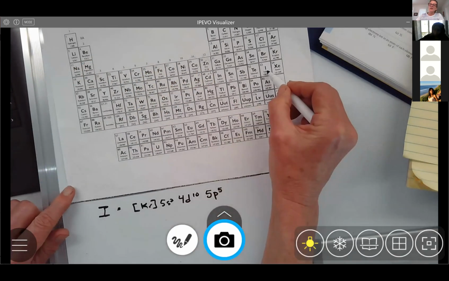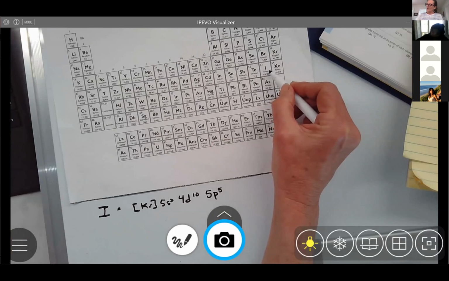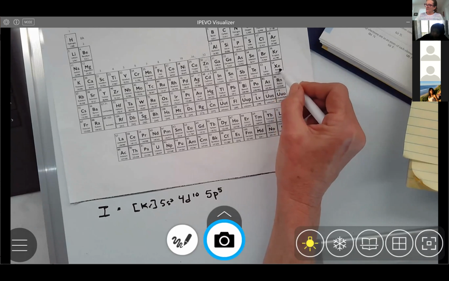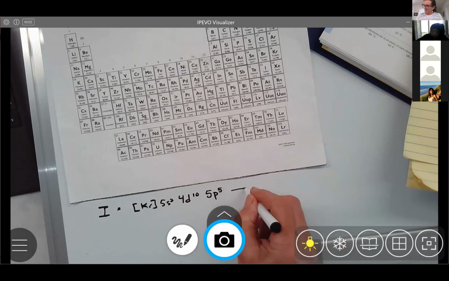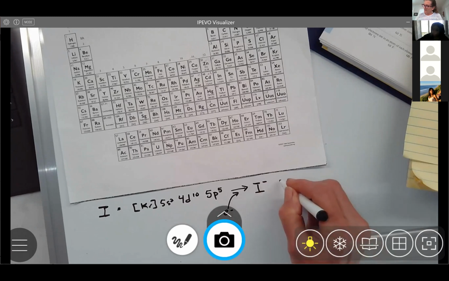It's right here. If it gets 1 more electron, it will have more electrons than protons, and it becomes I-1, and it will also have the configuration of xenon. So if an electron comes in, we get I minus, and I minus has the configuration of xenon, which is stable because it's a noble gas.